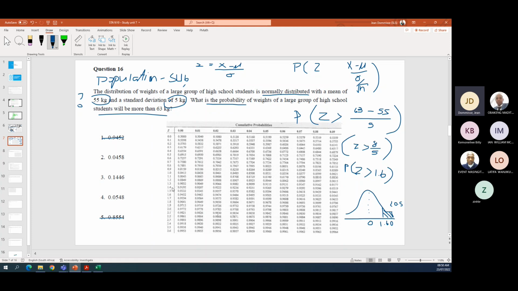Okay, so we go to 1.60. So we're sitting again on this side with 0.9452. So to get the smaller area, 1 minus that. And that will give you 0.0548.